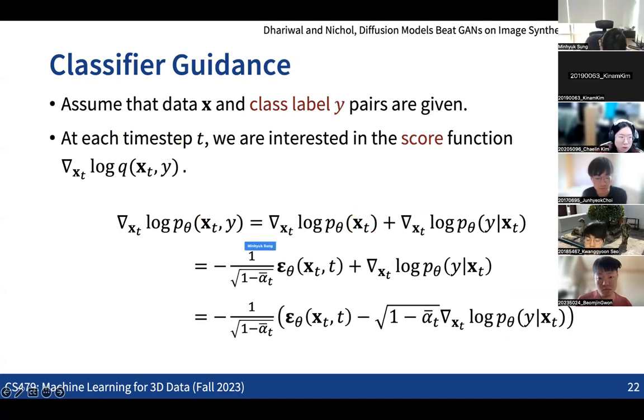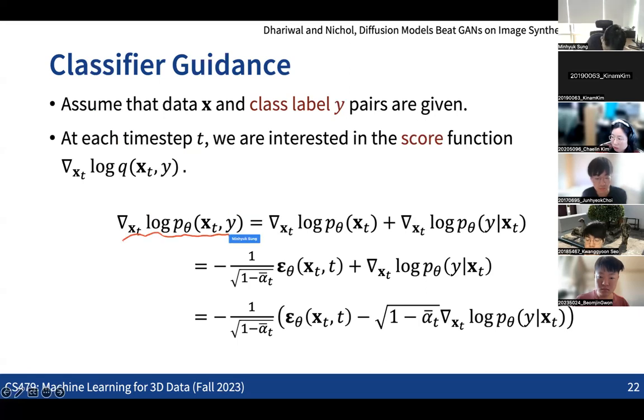When you know that the image we want to generate has a certain label, for example when we want to generate dog images, given the class label information, how can you get this score information?